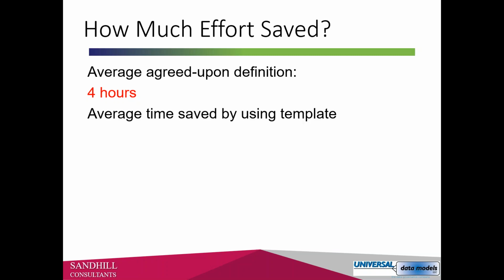And by using a template, no matter how long it is, on the average, we'll save 50% of the time, which only makes sense. If you're using a template, obviously it's going to be a lot quicker. And not only that, but the changes that you make tend to be a lot more stable because we've thought about things that you might not have even thought about.